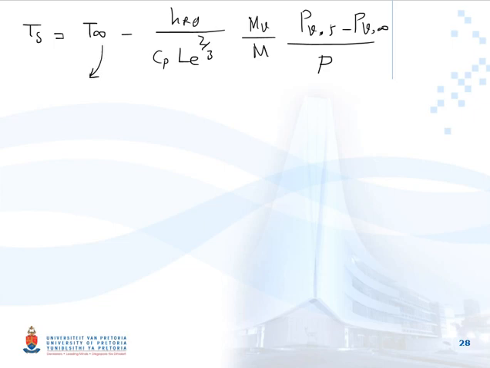So for T infinity, do we have it? Yes, we have it, 30 degrees. I just want to see what we have, and after that we are going to find the information that we don't have. Do we have the partial pressures?